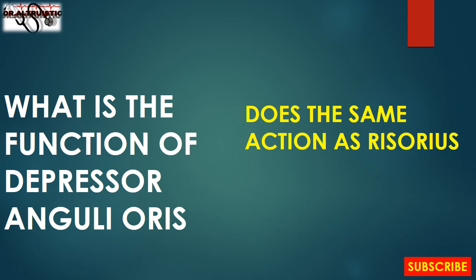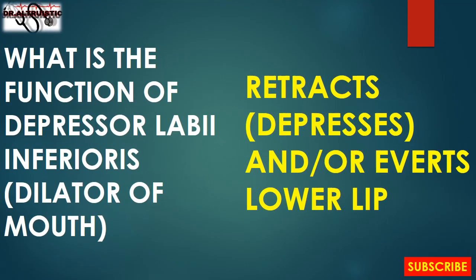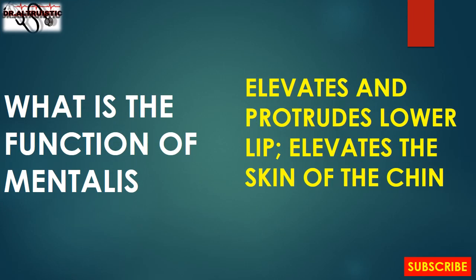Does the same action as risorius. What is the function of depressor labii inferioris, dilator of mouth? Retracts, depresses, and/or everts lower lip. What is the function of mentalis? Elevates and protrudes lower lip, elevates the skin of the chin.